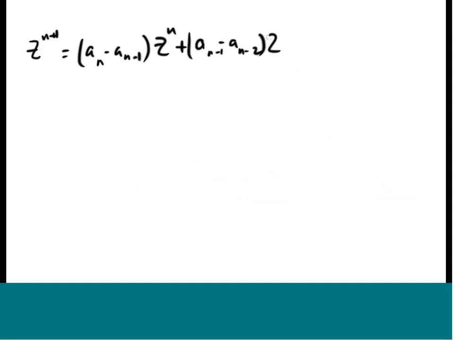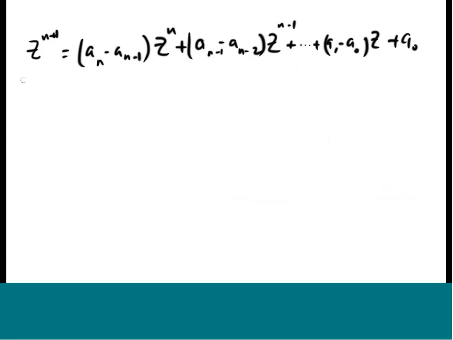So we have z^{n+1} equals (1 minus a_{n-1}) z^n plus (a_{n-1} minus a_{n-2}) z^{n-1} plus (a_1 minus a_0) z plus a_0. Right? That's the previous part.